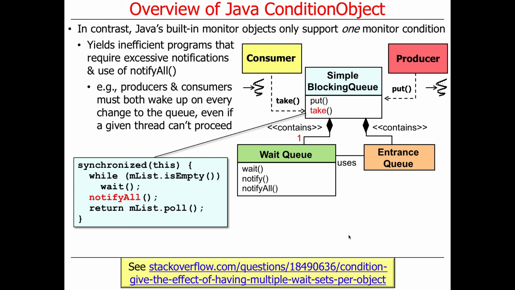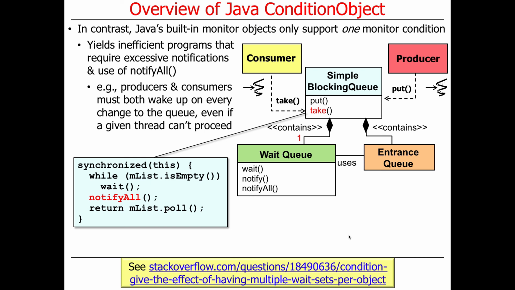So in this case, if we do a take, we're going to notice that the queue is no longer empty, and so we call notify all. Well, we don't really need to call notify all conceptually, because we just want to wake up people who were waiting for the queue to no longer be full, because we just took something out of it. But because there's only one wait queue with Java built-in monitor objects, we have to call notify all.